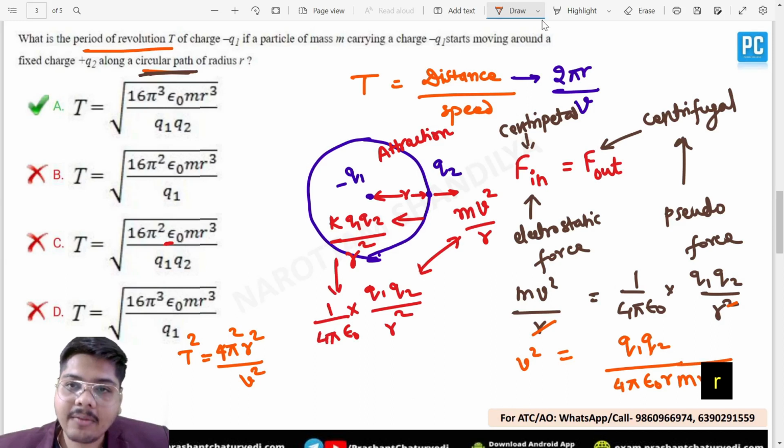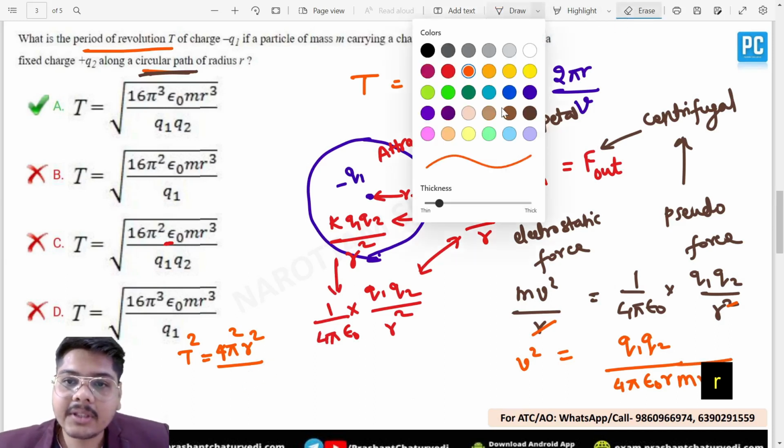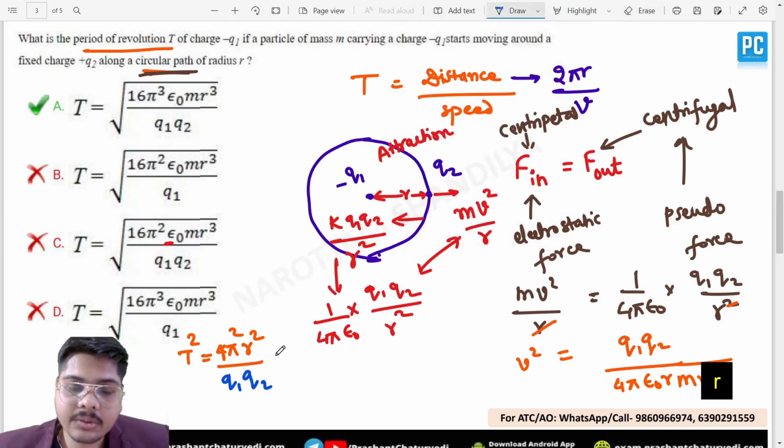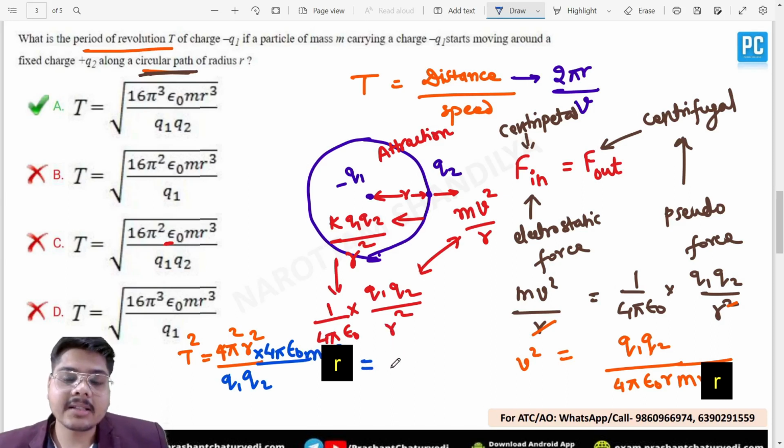That's it. So what exactly I am doing, I am simply replacing this v square with the formula of it, which is q1 q2 over 4 pi epsilon naught r m, and after that you will be getting your answer as option number A. Very easy.